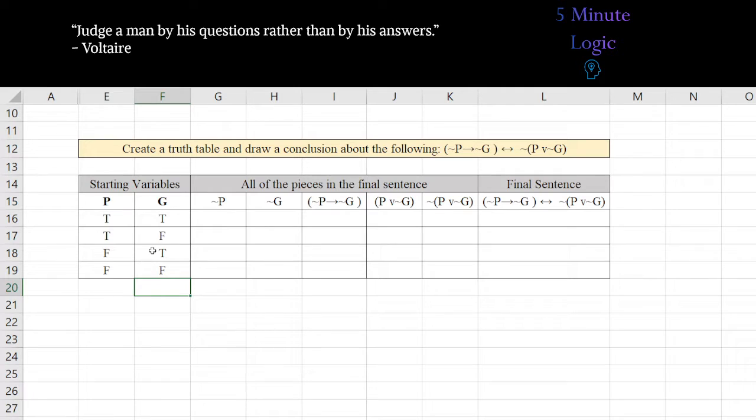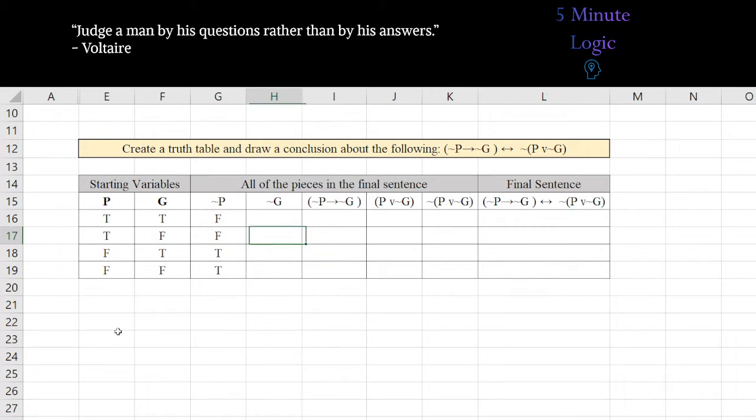We have to now go piece by piece and try to understand all the little pieces leading up to the final sentence. So, not P, that's the first question. Well, that should be pretty easy because not P is just the opposite truth values of P. So instead of true, true, false, false, we have false, false, true, and true.